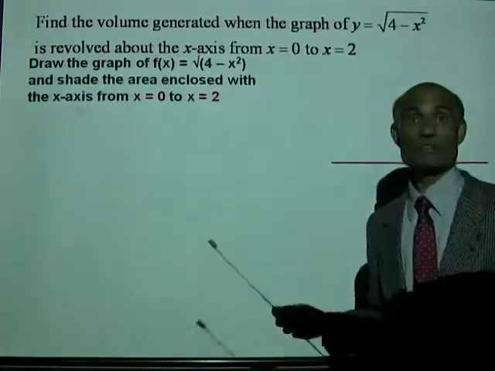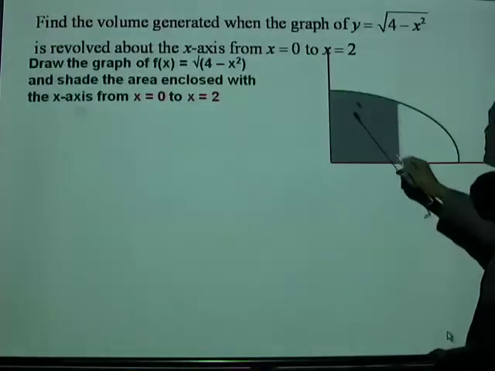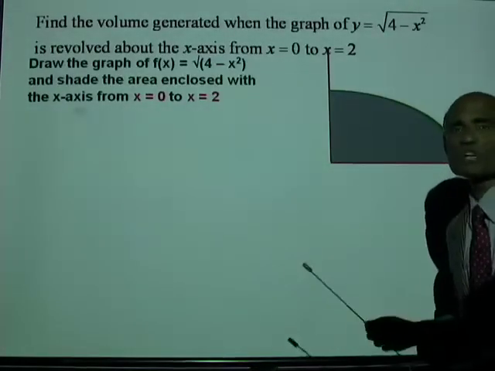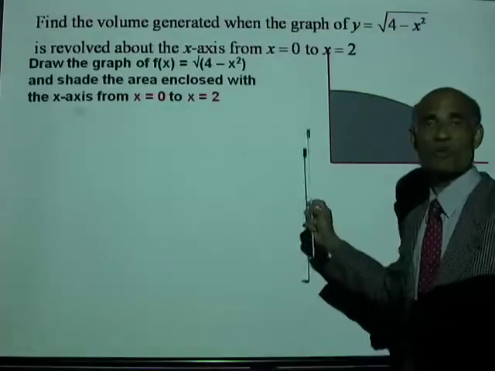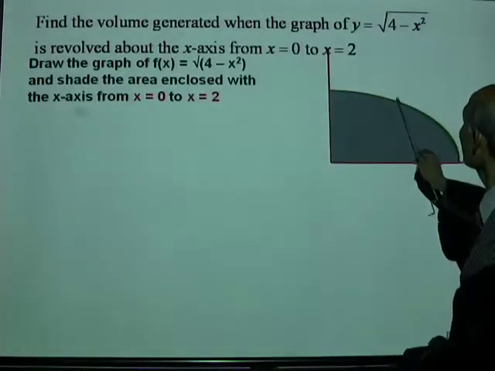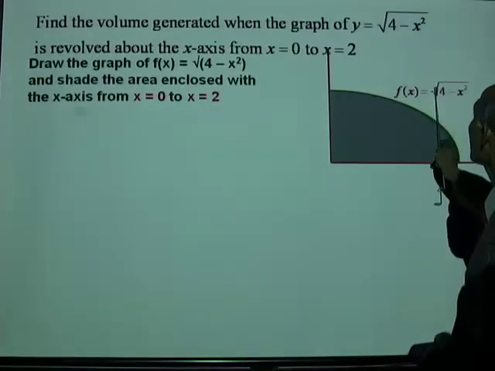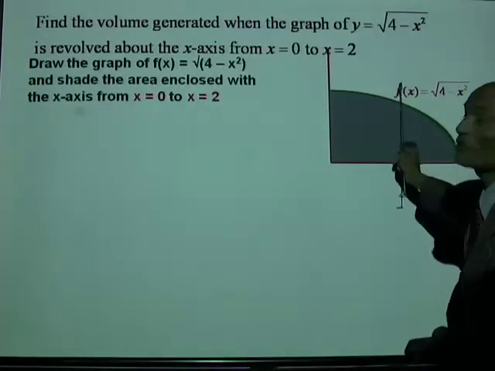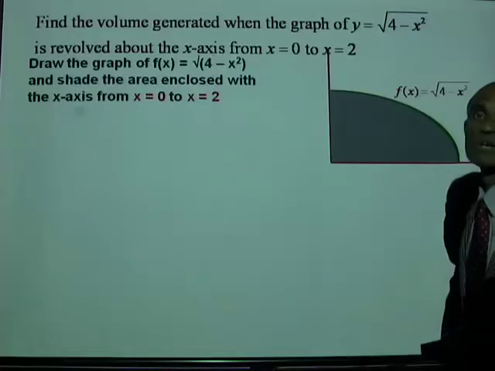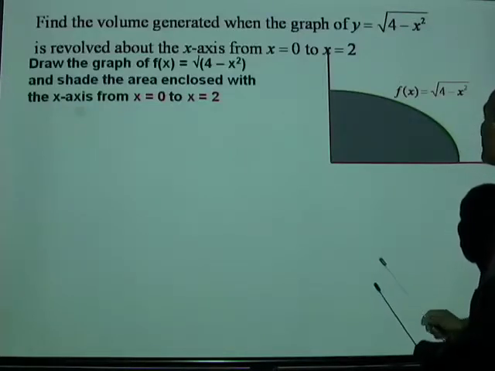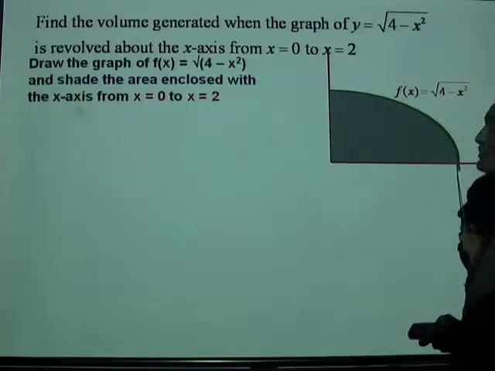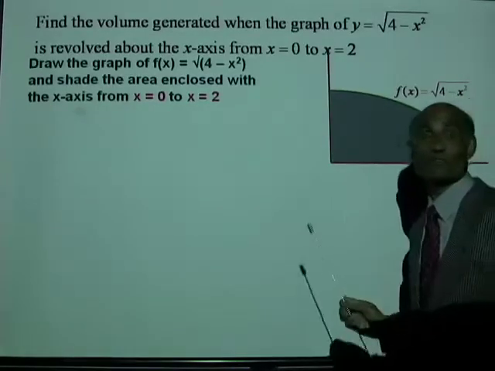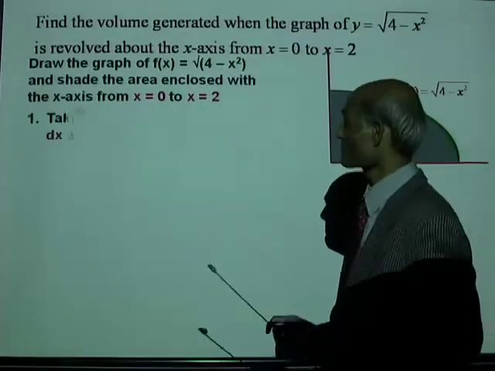So when you graph it, my diagram did not come quite as a circle, but actually it should be a circle. So this is the graph of y equal to square root of 4 minus x squared, or f of x equal to square root of 4 minus x squared. And this is x equal to 0, this is x equal to 2. That's right, the radius of that circle is 2.